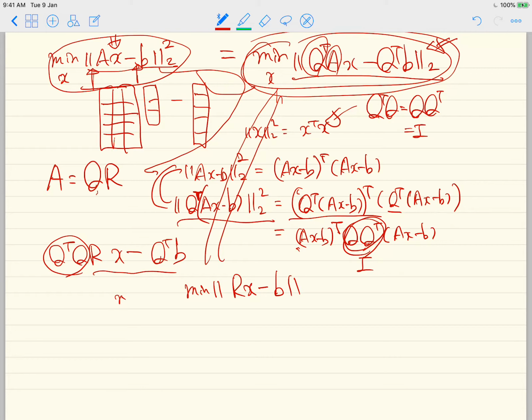Okay, so utilizing this QR decomposition and multiplying this Q transpose on the left into this original least squares problem, that will make the same problem into this form, and then solving this form will be much easier than the original form, because this matrix R is an upper triangular matrix. And so let's just exploit or take advantage of this upper triangular structure to solve this least squares problem.